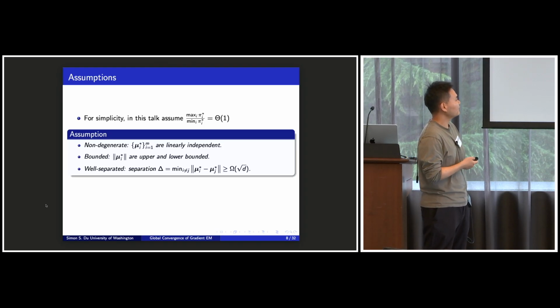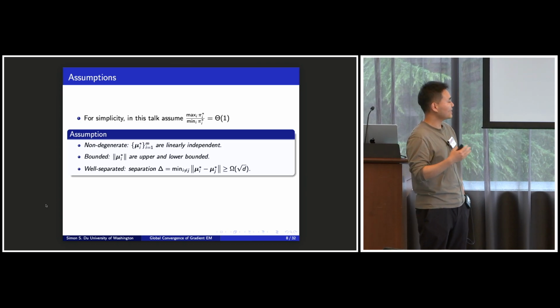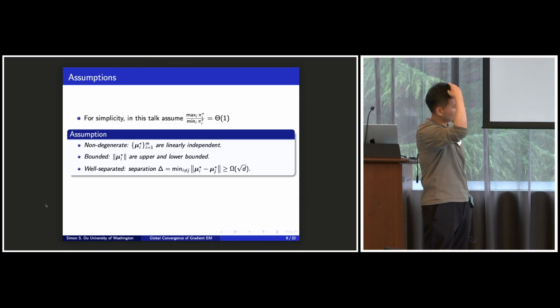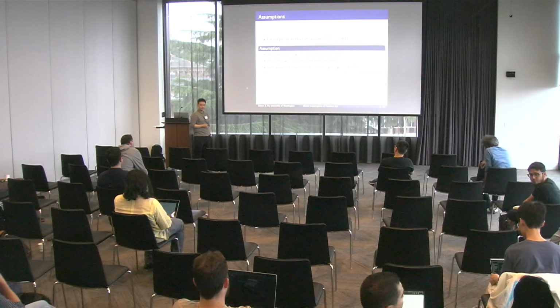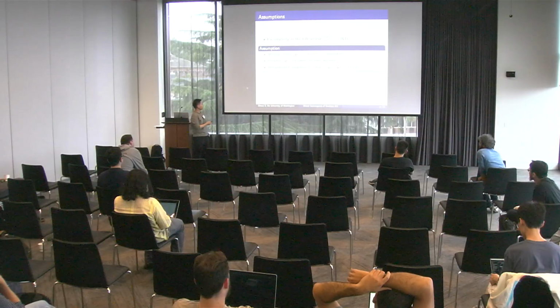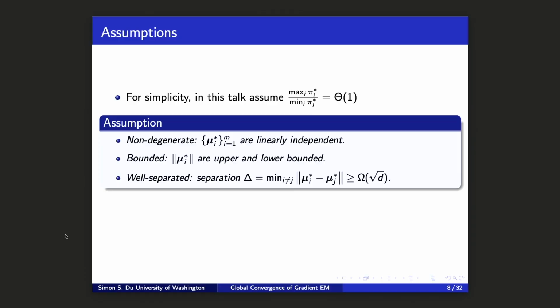But here we do need it because we reduce the problem to some method of moments, and there we use some property of this linear independence. Yeah, in our bound we have a dependence on the condition number, yes. And then we also assume some regularity condition, like the mu i stars are upper and lower bounded.